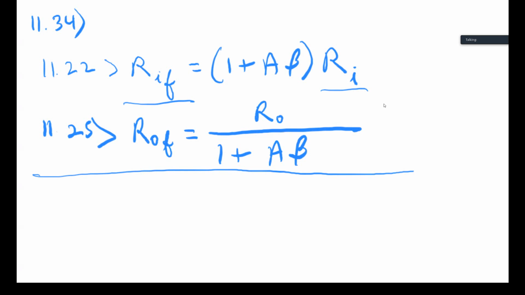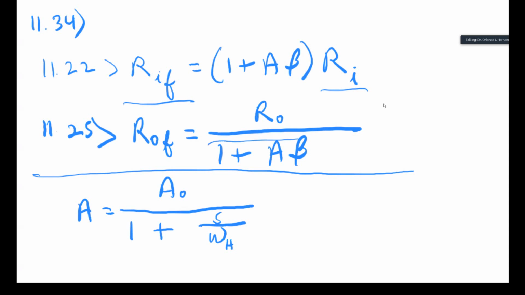So they say now A is a function of frequency, so it's that passband gain divided by 1 plus S over omega H, and this is the form of a first order filter with that high frequency pole. Okay? So all we have to do is figure this term as a function of frequency.